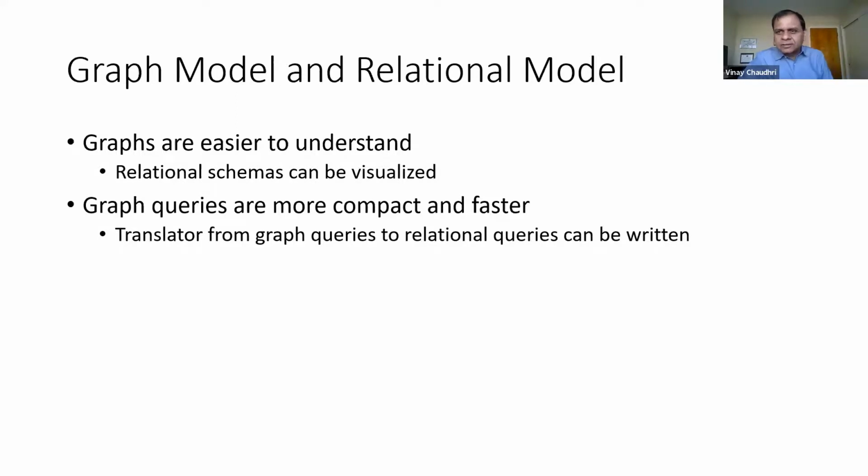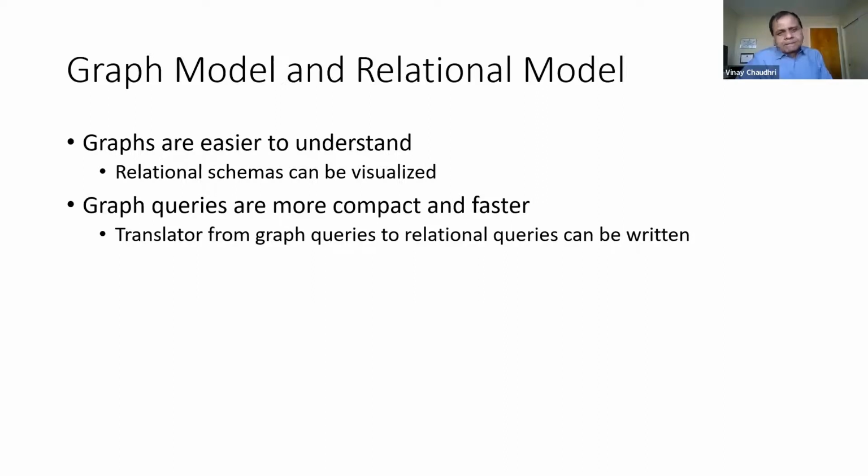It's not an inherent limitation of the relational system. Then the proponents of the graph approach claim that graph queries are more compact and faster. And the relational folks would say that no, we can also take your graph queries and compile them into relations and make them run as fast as in the graph system.